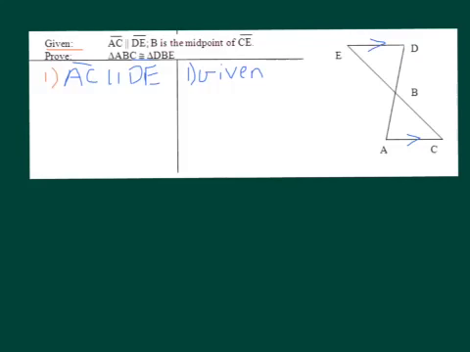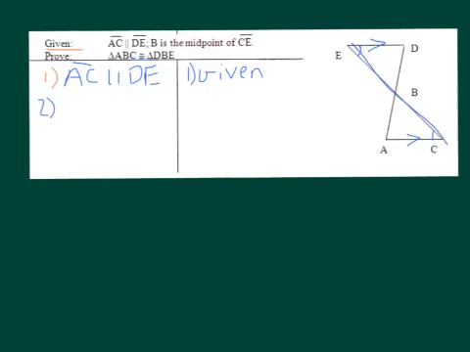Okay, what I can logically draw from that given is that I have alternate interior angles that are congruent to each other. Now, there are actually two sets of alternate interior angles. I've chosen angle E and angle C, but I just as well could have chosen angle D and angle A. But for this example, I'll choose angle E and angle C. Those are our alternate interior angles cut by this transversal right here.